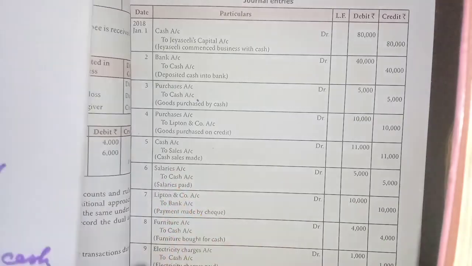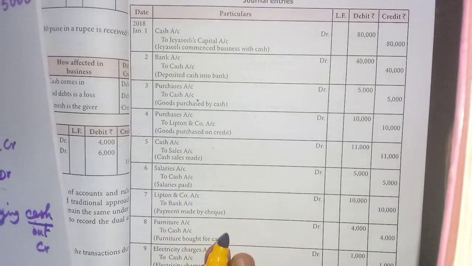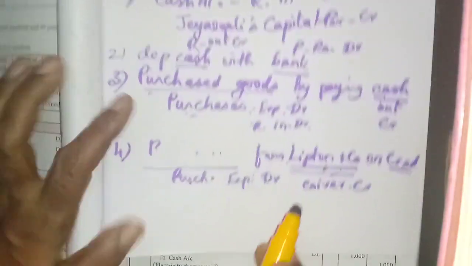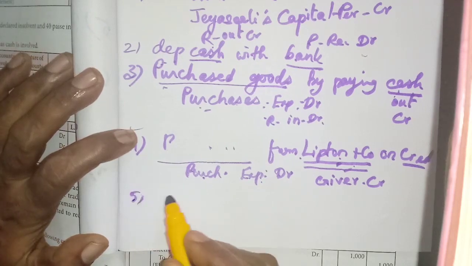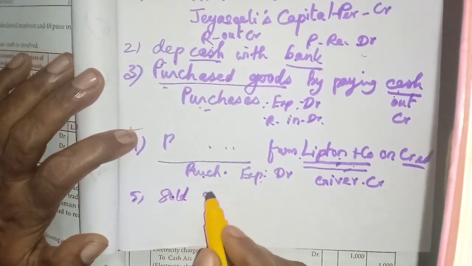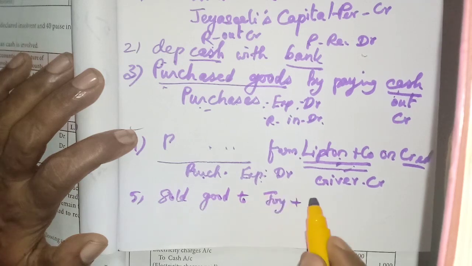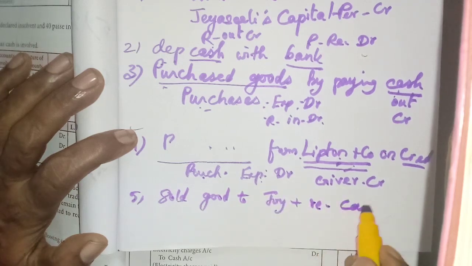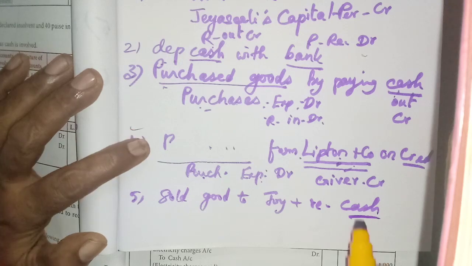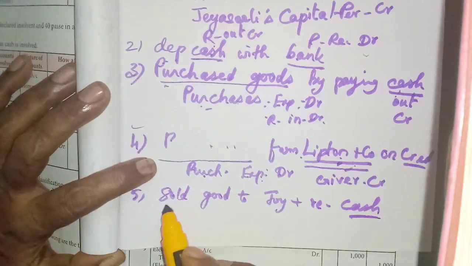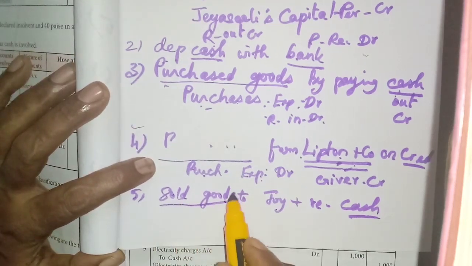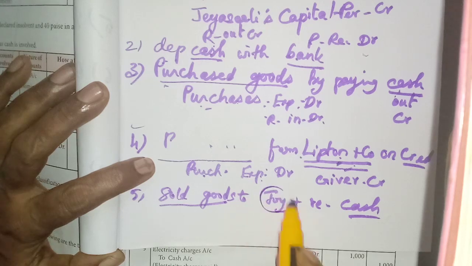Then the fifth one: sold goods to Joy and received cash. We are receiving cash, so cash is one account. Another one, we are selling goods. Here we should not write Joy because we are receiving cash.